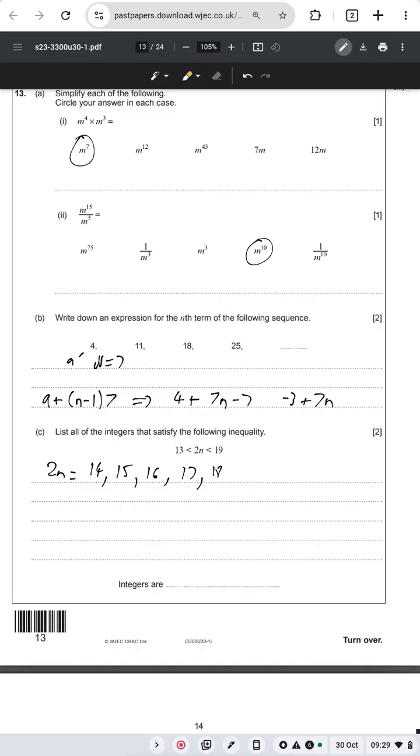However, because n has to be an integer and we're dividing by 2, we can't use the odd numbers. So n is equal to 14 over 2, which is 7. n is equal to 16 over 2, which is 8. And n is equal to 18 over 2, which is equal to 9.